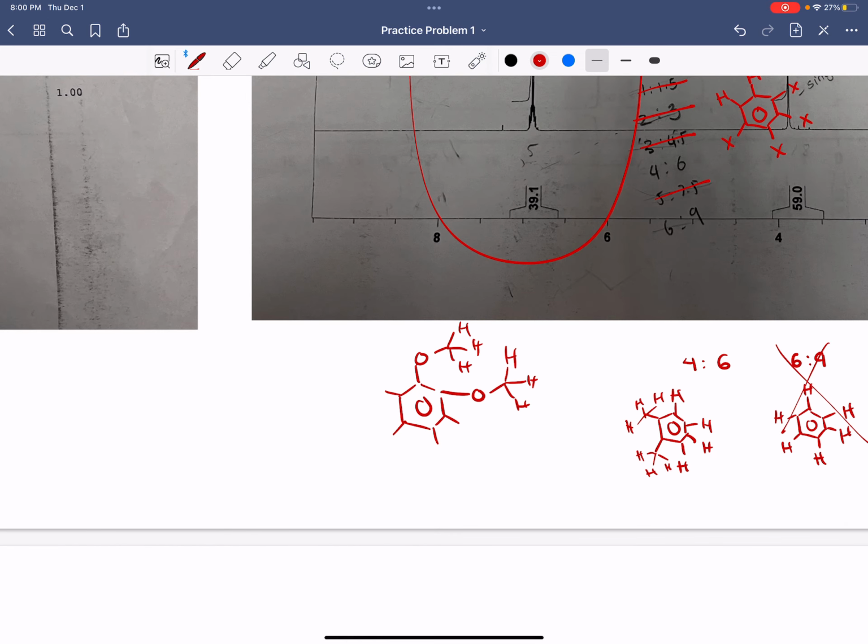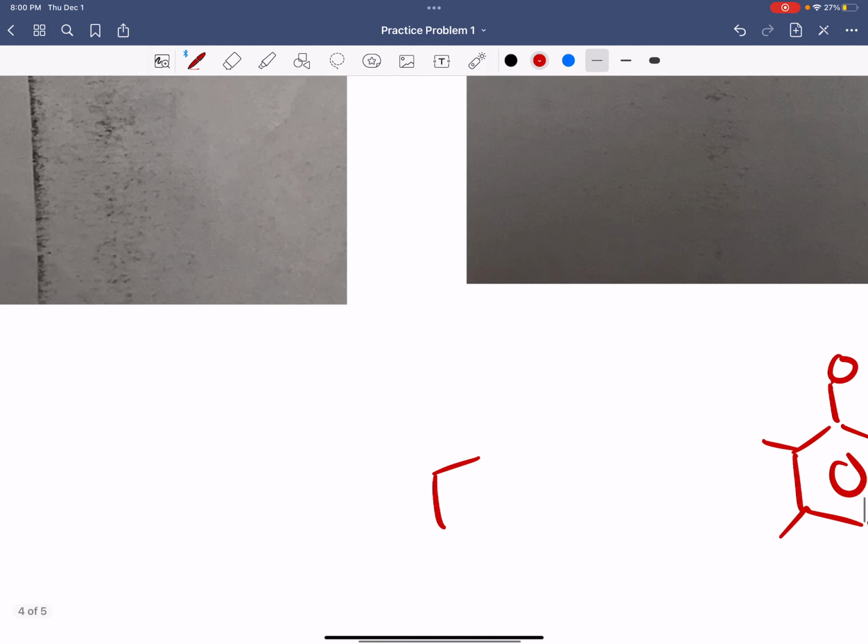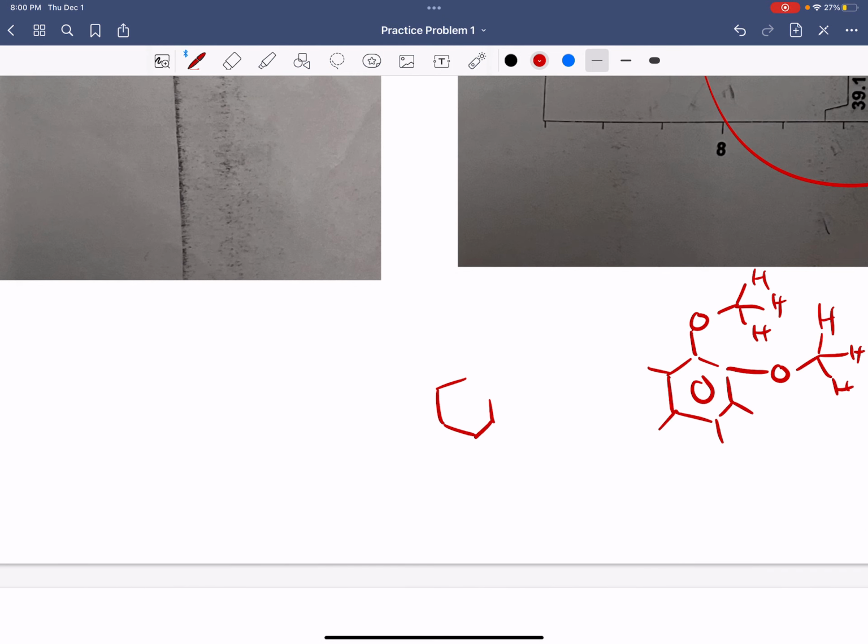If they were, you would only see one single peak going up and it would be really tall, but then you see that there are 2 doublets.